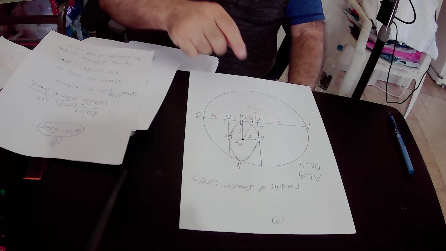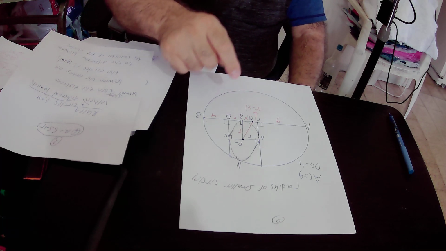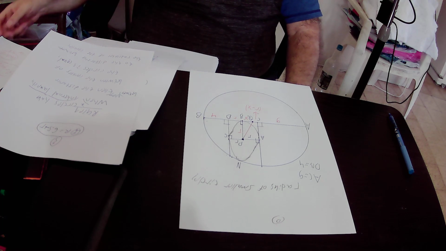Or in other words, PQ equals capital R minus small r.